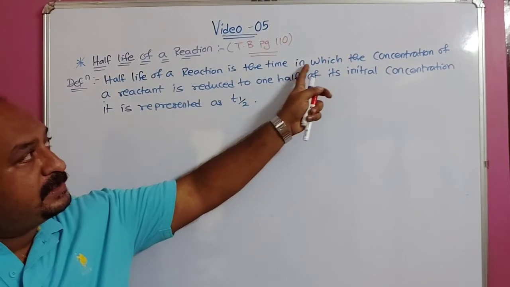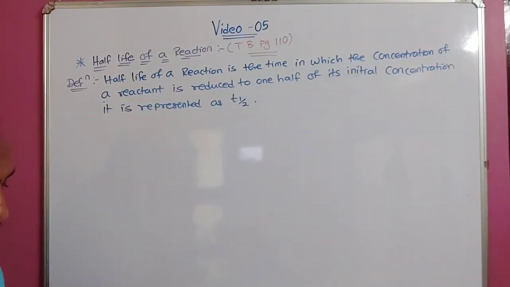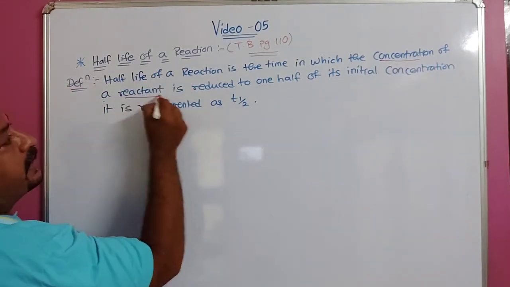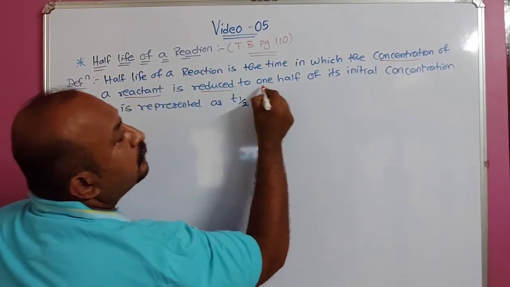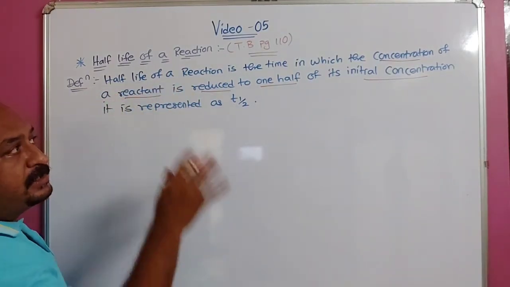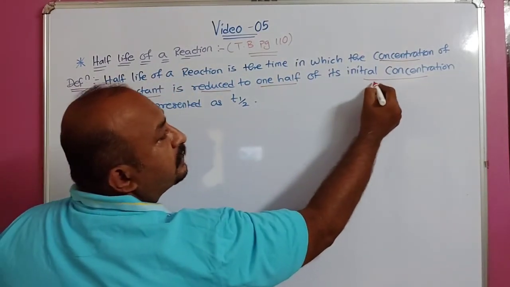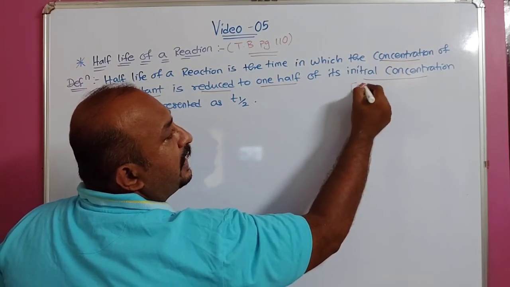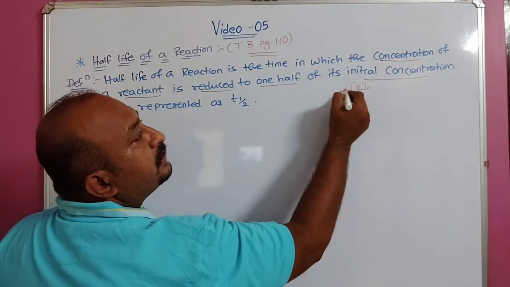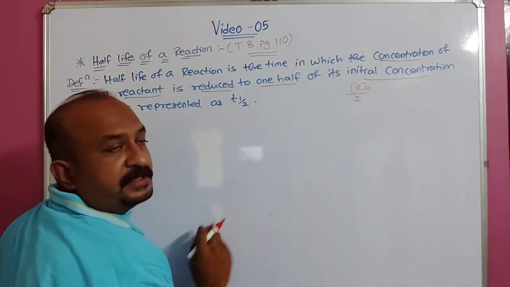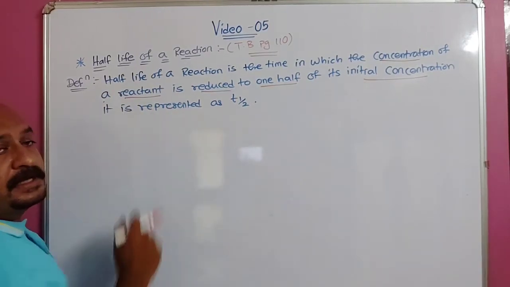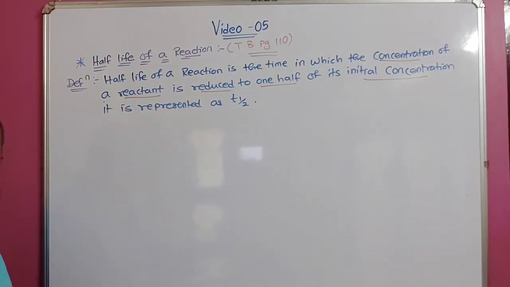Half-life of a reaction is the time in which the concentration of reactant is reduced to 1/2 of its initial concentration. The initial concentration is R0, and that is reduced to half. That is what we call half-life of a reaction, and it is represented as T half. Understood this part?